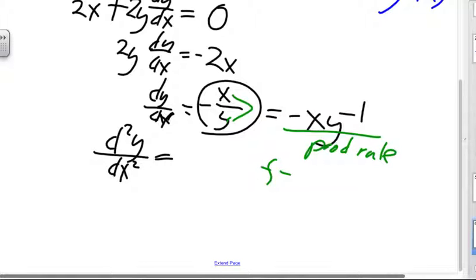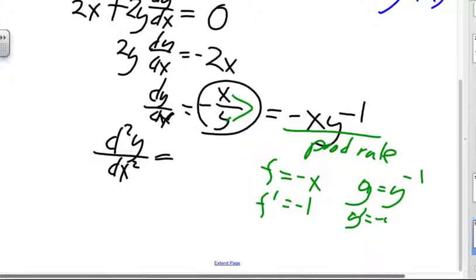So f equals negative x, g equals y to the negative 1, f prime equals negative 1, g prime equals negative y to the negative 2 dy/dx.